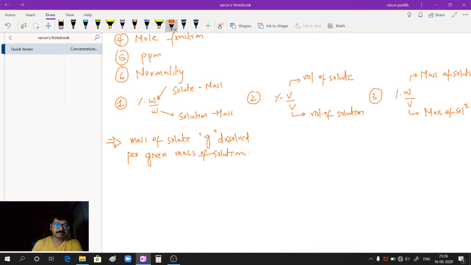So percentage mass by mass will be the mass of solute, that is W2, divided by W, and as it is a percentage we multiply by 100. Remember, 2 represents the solute, 1 represents the solvent, and no subscript represents the solution. So it is mass of solute divided by mass of solution multiplied by 100.